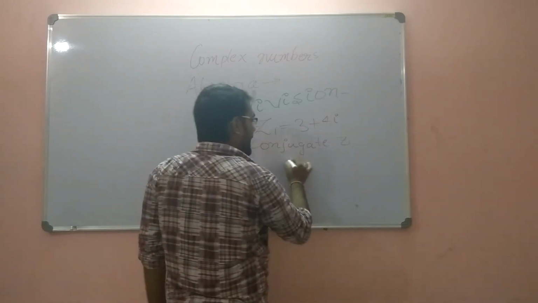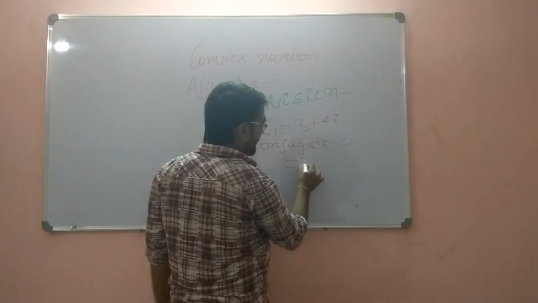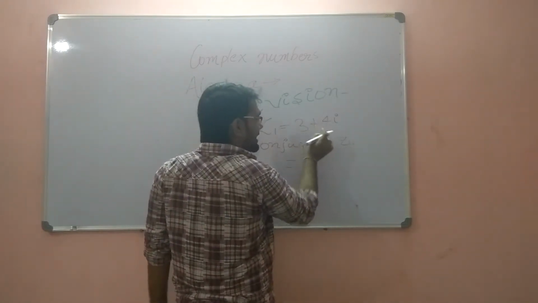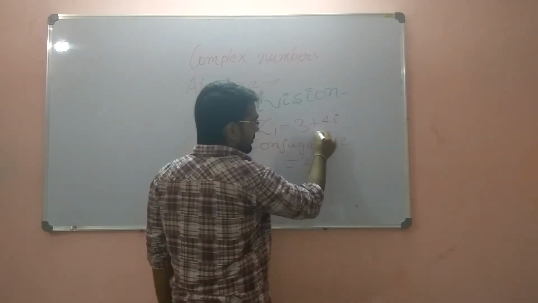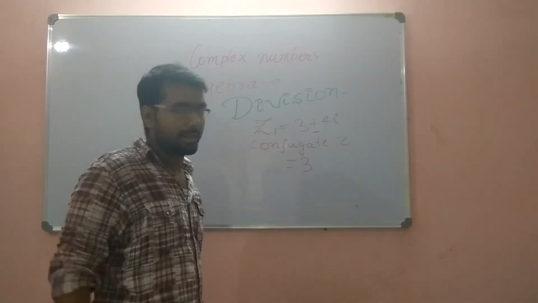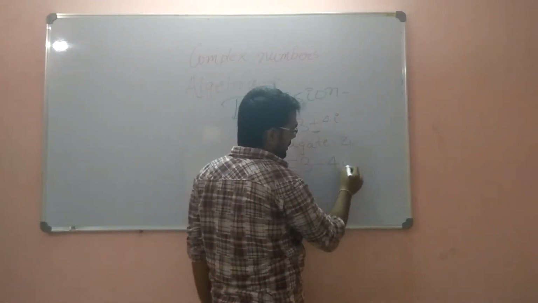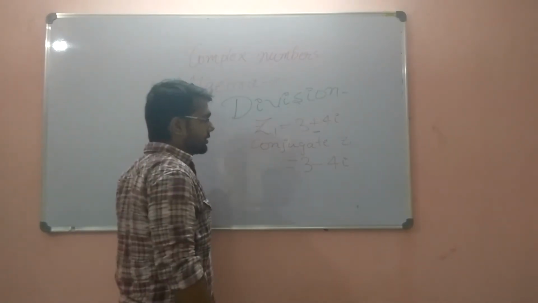We don't do anything with the real part, we keep it as it is. We just exchange the sign of the imaginary part. So this will be minus 4 iota. So this is the conjugate of z1.